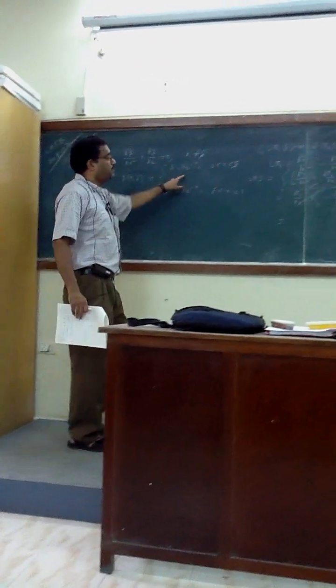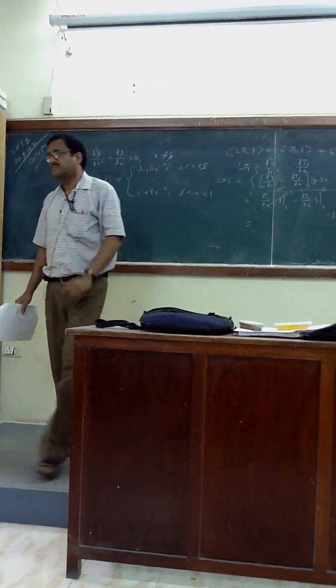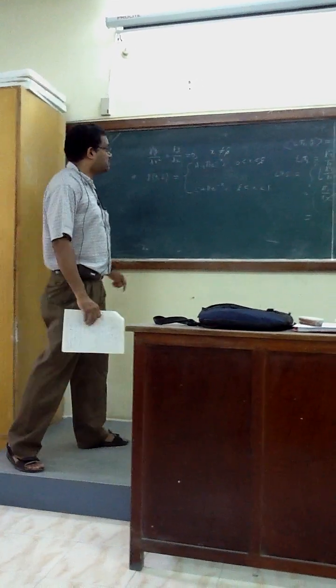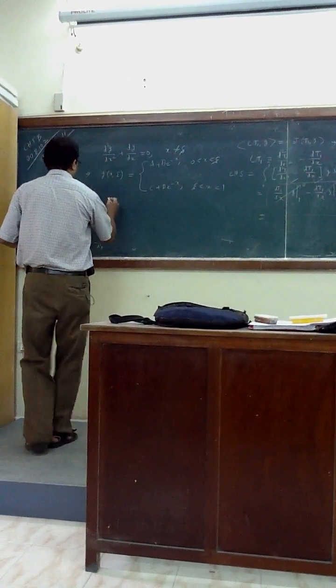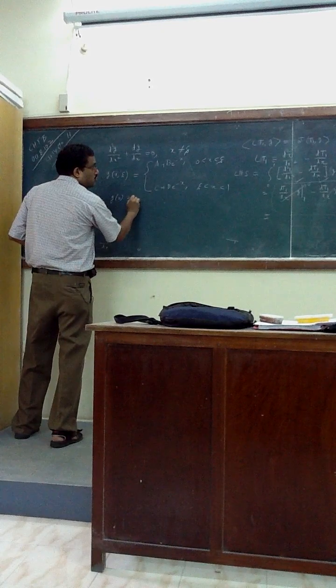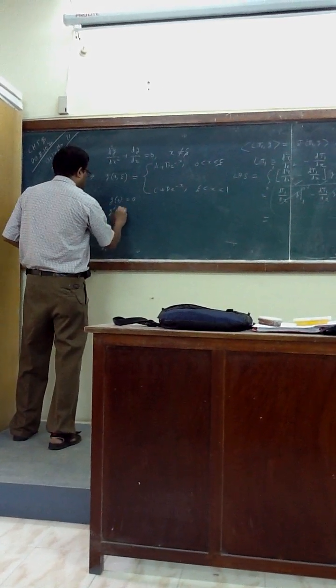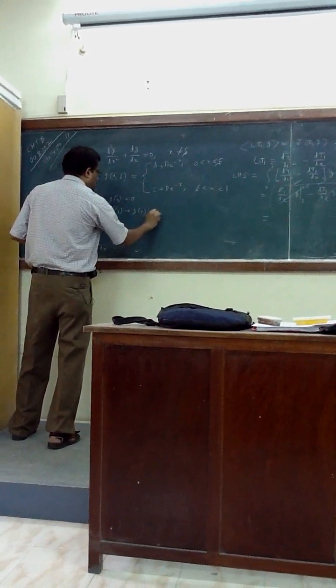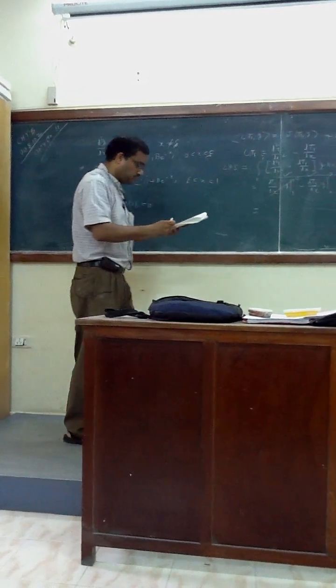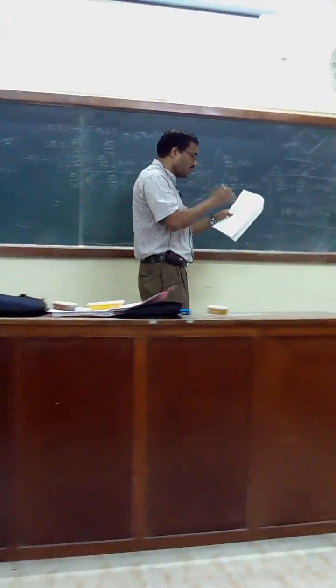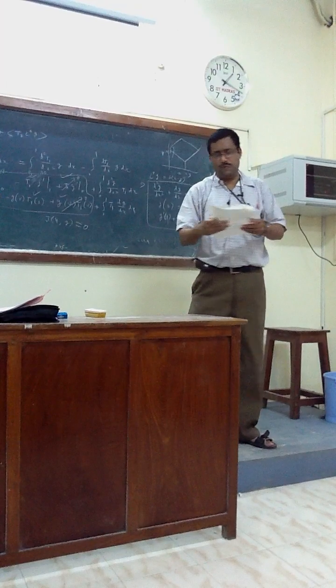You have to find out A, B, C. Immediately what you do, you apply this boundary condition. Boundary conditions are there. G(0) equals 0. G'(1) plus G(1) equals 0. If you apply, what you get?